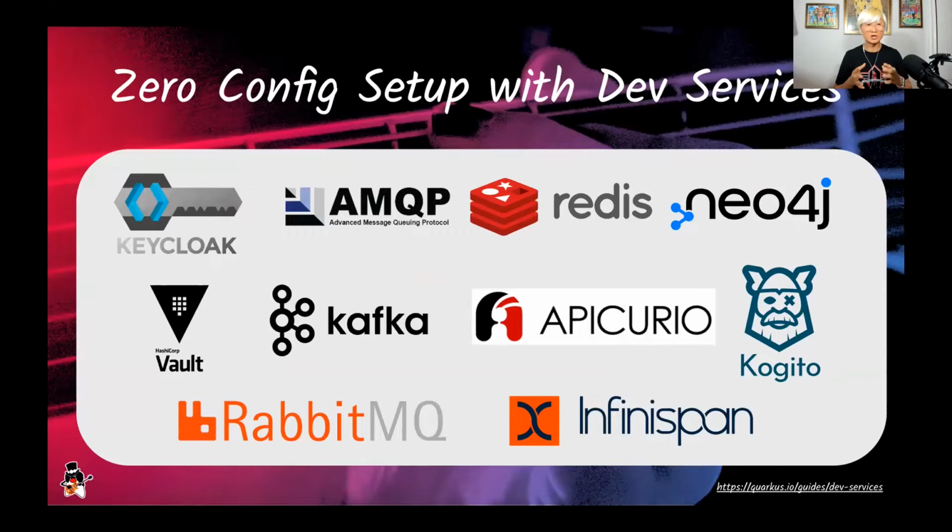For example, to secure your application, using single sign-on based on a Keycloak server; a messaging broker like AMQ; in-memory databases like Redis and Infinispan; a graph database like Neo4j; business automation with Kogito; Apicurio for designing your API; distributed streaming with the Kafka server; and securing sensitive information like a database password or token using HashiCorp Vault.